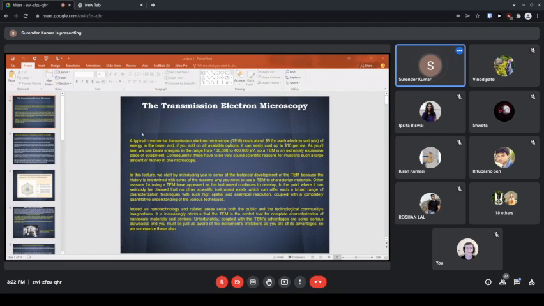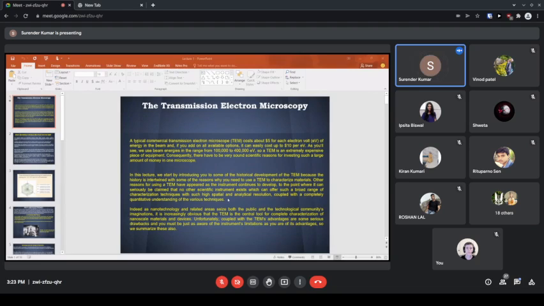This is how we can distinguish between different kinds of nanomaterial, because we are going to talk about electron microscopy in terms of nanoscale material. In this slide, you can see how we define, for example, one-dimensional material.